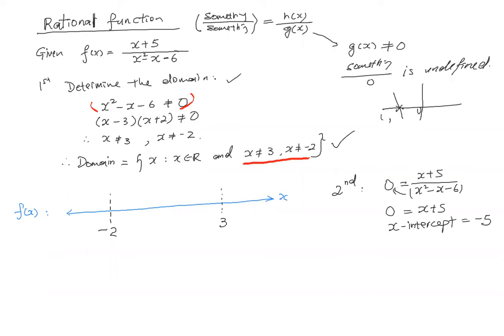Hello? Are you clear? Yeah. So where is negative 5? Negative 5 must be somewhere here. So full line, negative 5. Am I right?